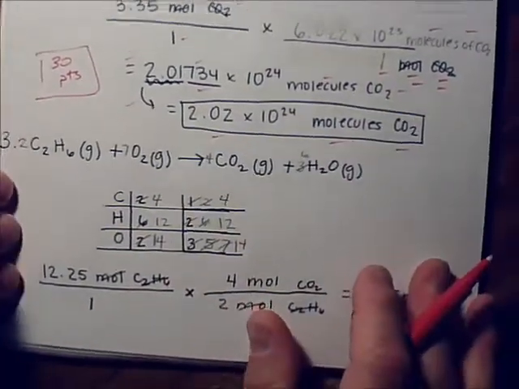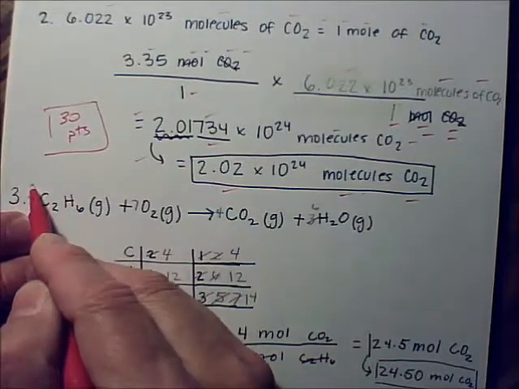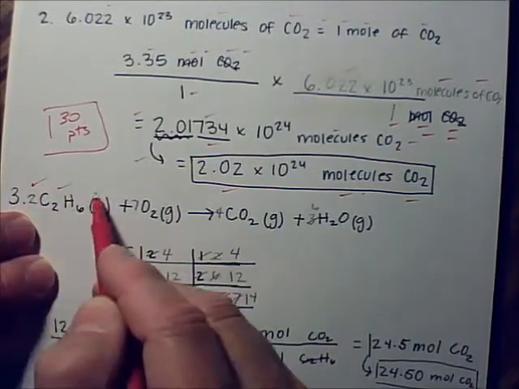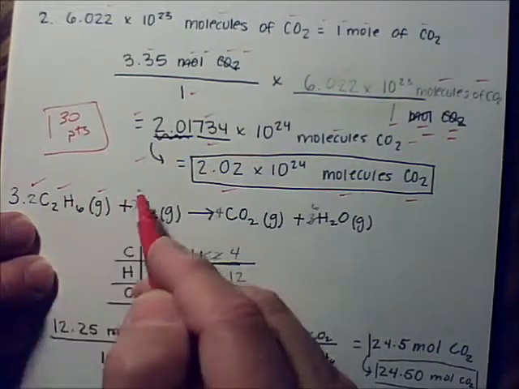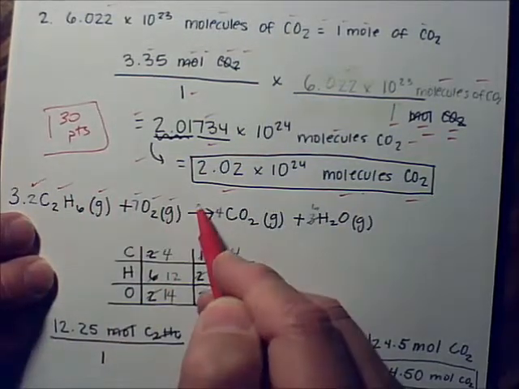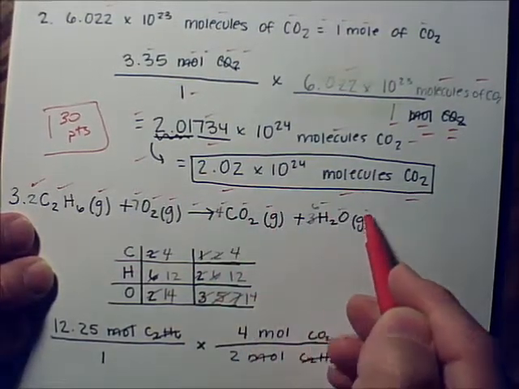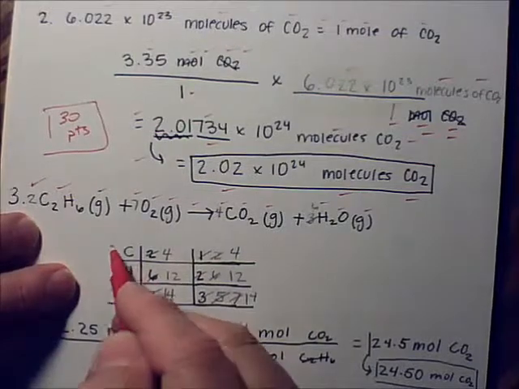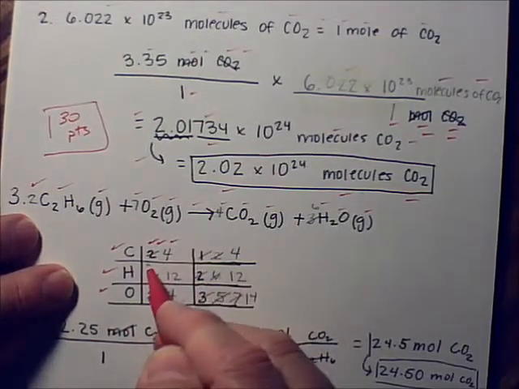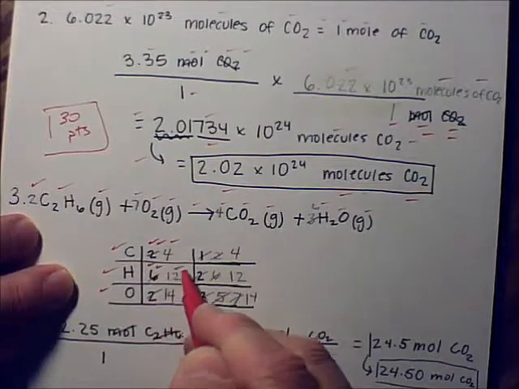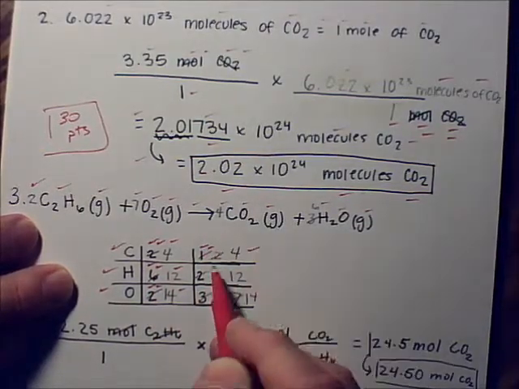All right. Balanced chemical equation. Coefficient, species, physical state. That's 1 through 28.